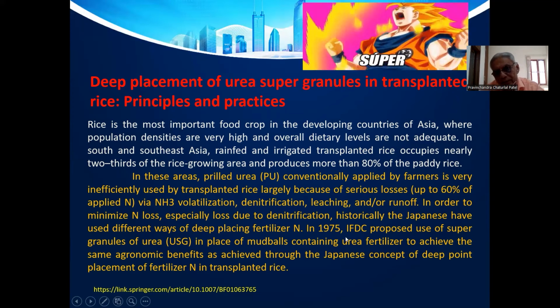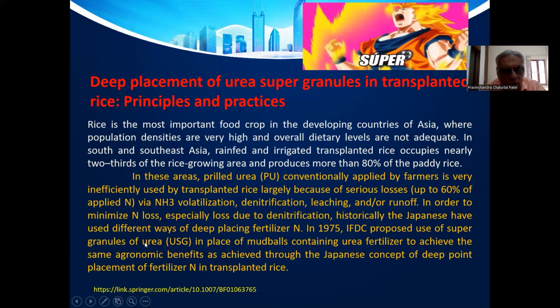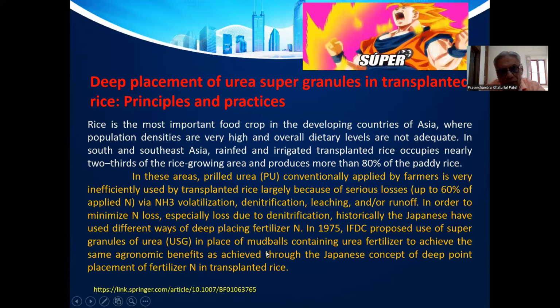In 1975, IFDC proposed the use of urea supergranules, USG, in place of mud balls containing urea fertilizer, to achieve the same agronomic benefit as the Japanese concept of deep placement of fertilizer nitrogen in transplanted rice.